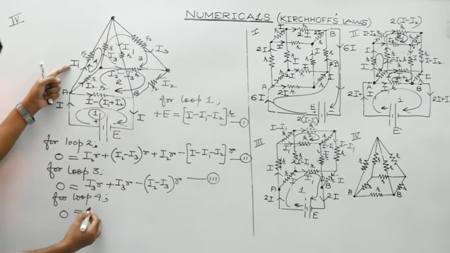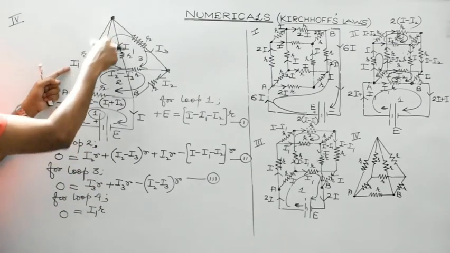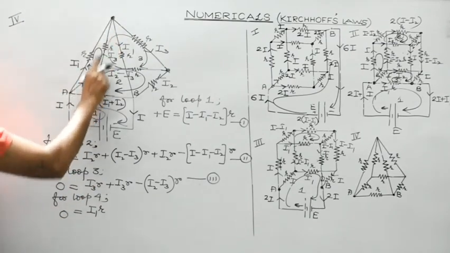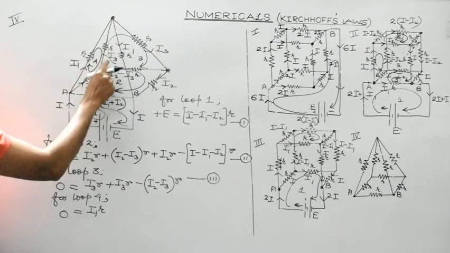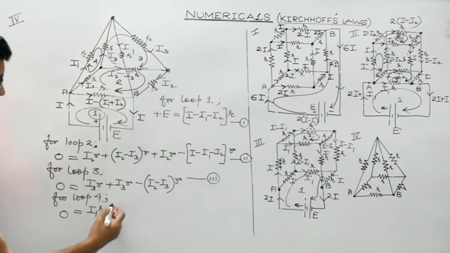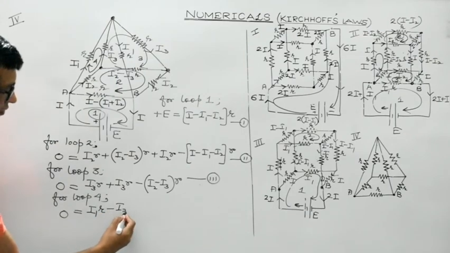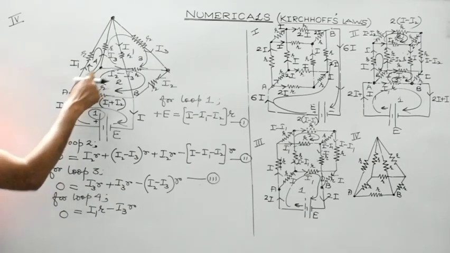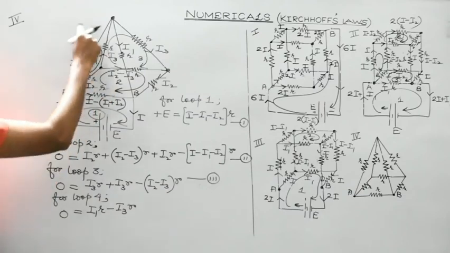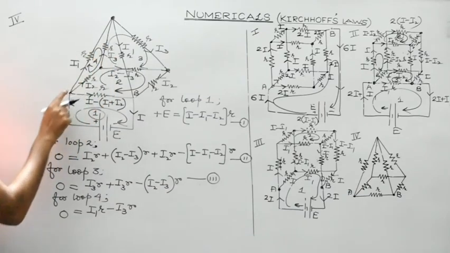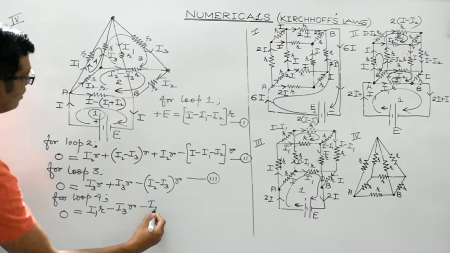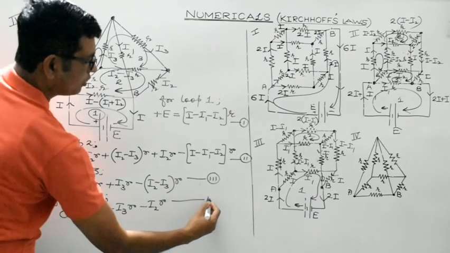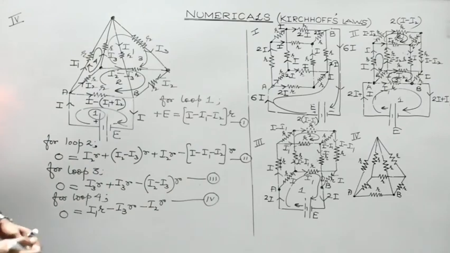So this is to be taken as positive, I1R. Here in this branch, the current is flowing in the opposite direction. We are measuring the loop along this direction, current is flowing in the opposite direction. So this current I3 is to be taken as negative. And over here again, measurement is in the clockwise direction and here current is in the opposite direction. So here again a negative sign is to be assigned. Minus I2R. Put this as equation number 4.